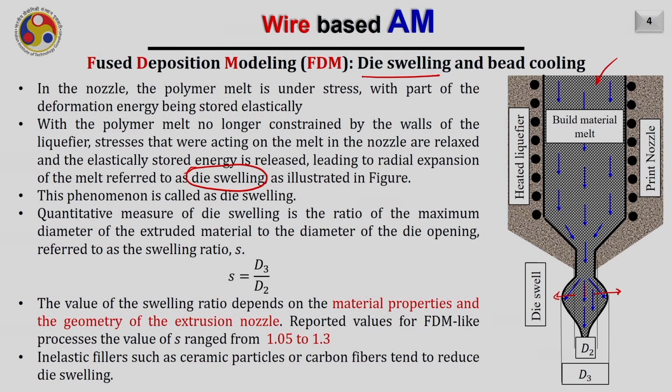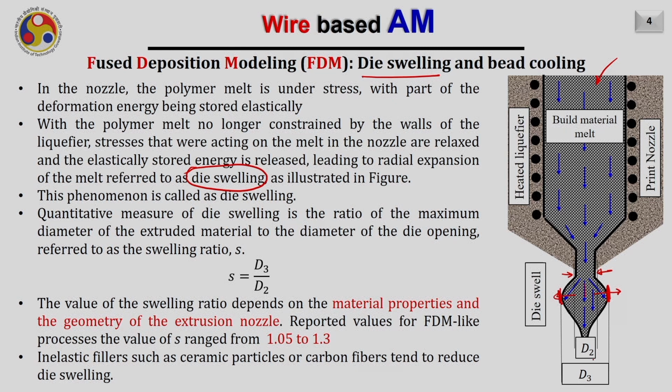The quantitative measurement of die swelling is the ratio of the maximum diameter, which is this diameter of the melt coming out of the nozzle, divided by the diameter of the nozzle at the exit.